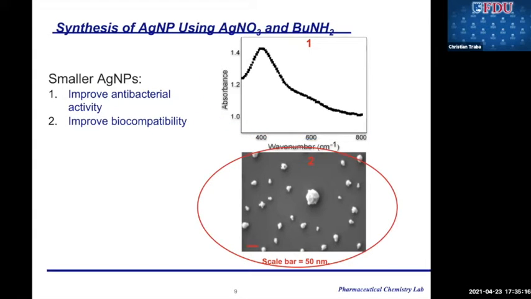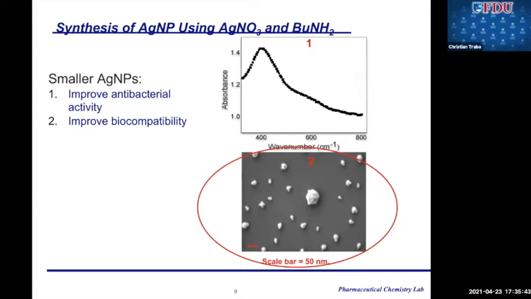Image 2 is another SEM image of silver nanoparticles synthesized in this study. The scale bar is 50 nanometers. According to our SEM image, the average recorded size of the nanoparticles was roughly 25 nanometers, except for an occasional silver nanoparticle aggregate, which was found to be roughly 50 nanometers.